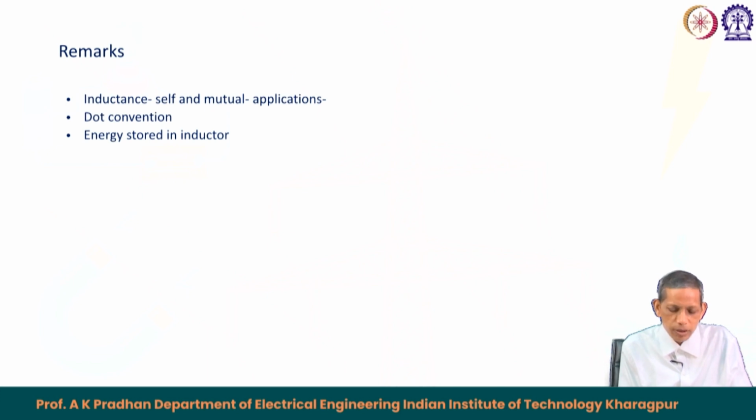So, in general remarks, in this case we discussed inductance, both self and mutual, the EMF developed in the second coil that results in the mutual inductance definition. These self inductance and mutual inductance have their own applications also. Like in power systems, we see inductors being connected to support reactive power generation in high voltage systems.